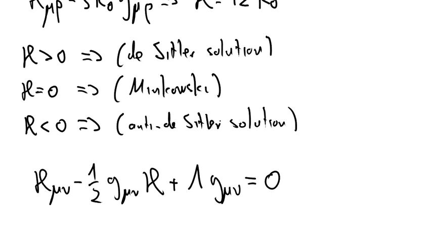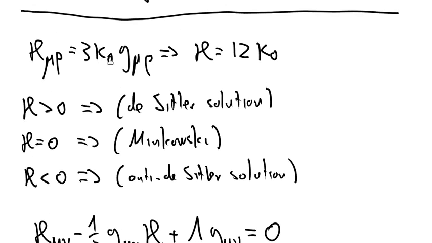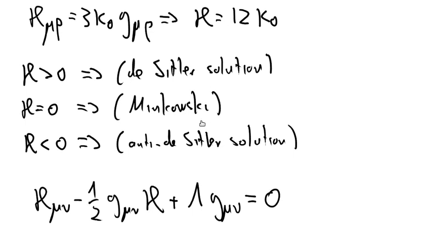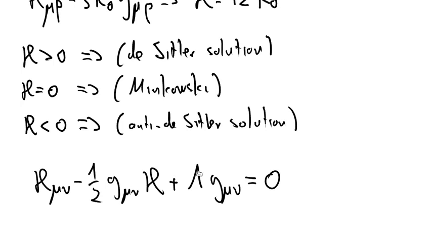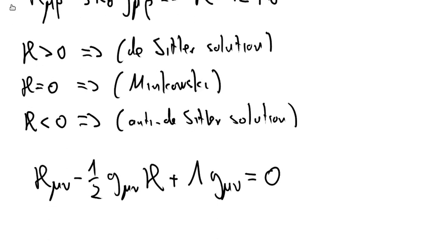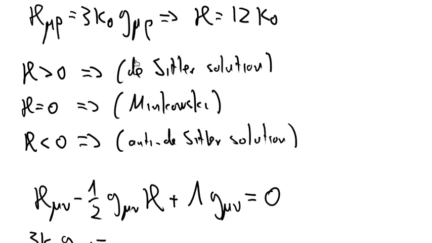It's easy to see that these equations are satisfied by these spaces, because we have the expression of the Ricci tensor and of the scalar curvature, so these equations are fulfilled for certain values of the cosmological constant lambda. It's just a matter of doing a simple replacement. I think I will just write everything in terms of k0.